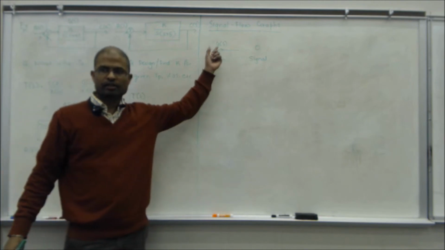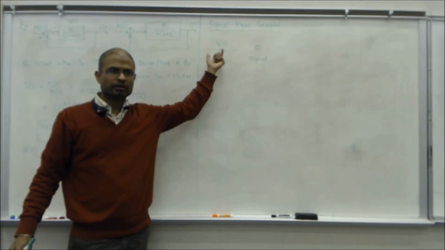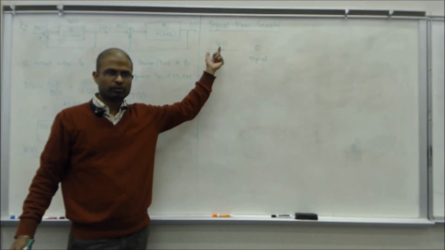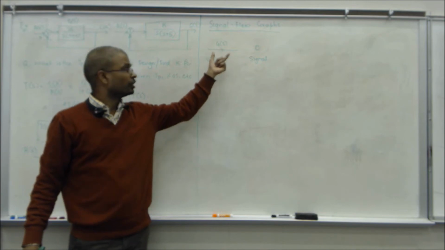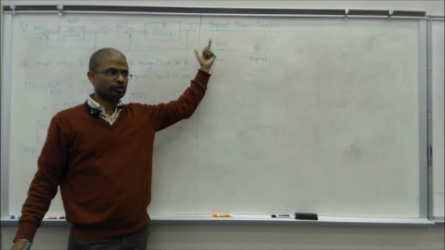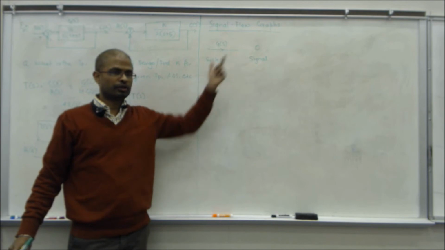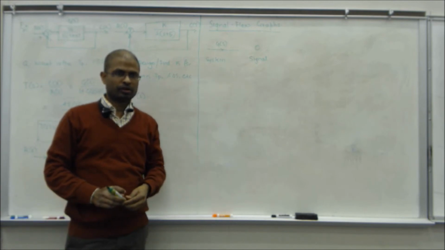Generally, lines represent signal, right? That's what we saw in block diagram. But here, this represents system, G of S, and this represents a signal, okay?